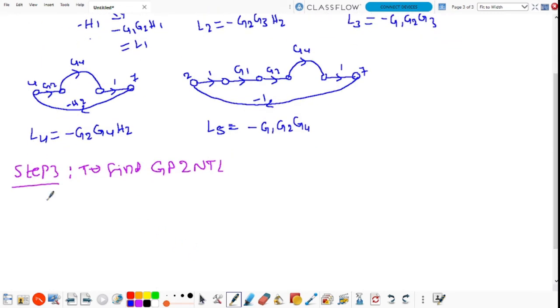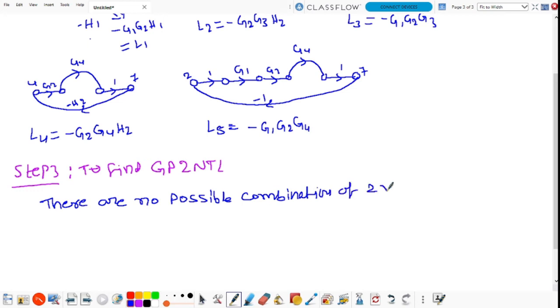There are no possible combinations of two non-touching loops.